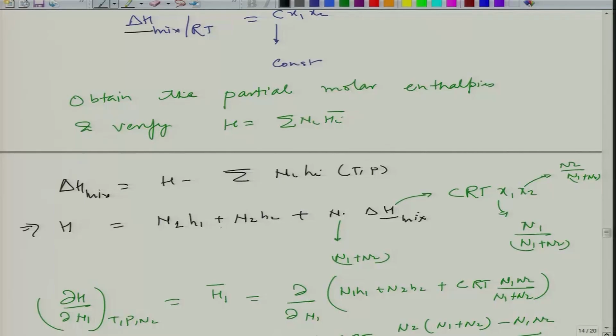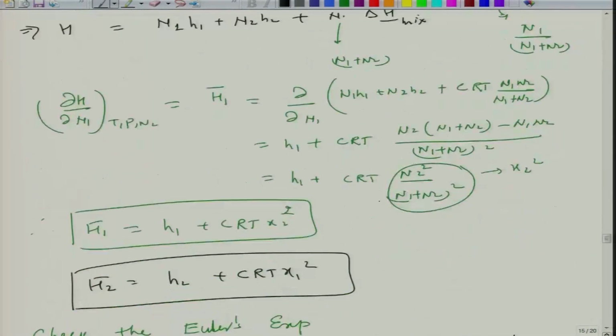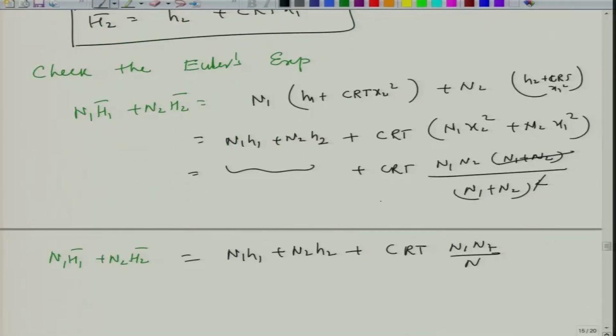So, this was N1 H1 plus N2 H2 plus N delta H mix. Can I write it then again? I can multiply this, right, and then I can write this as N times N1 N2 over N square, and now this is nothing but x1 x2.